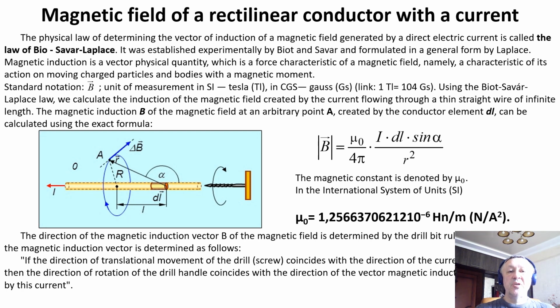If the direction of translation movement of the drill coincides with the direction of the current in the conductor, then the direction of rotation of the drill handle coincides with the direction of the vector of magnetic induction of the field created by this current, as shown on the picture on our slide.